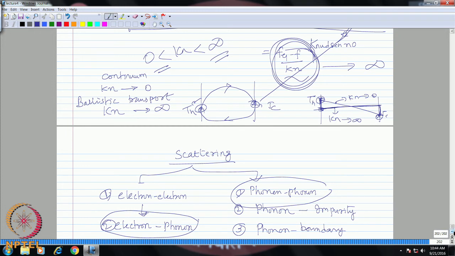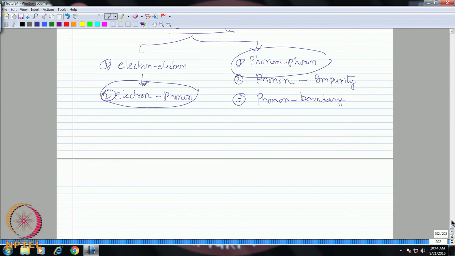So, let us particularly focus on phonon-phonon interaction, because we are looking at heat transport in semiconductors. If you are talking about a system where you have two phonons, let us say phonon 1 with wave vector k and the other phonon with wave vector k1, and these two collide, then a third phonon is formed.